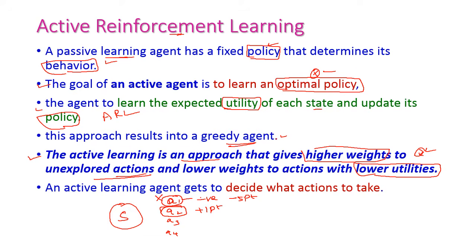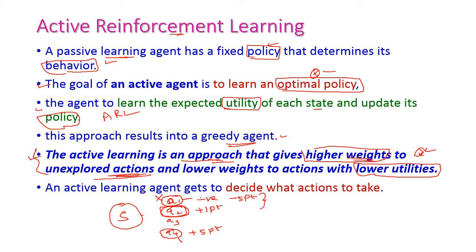Hence, it assumes that the positive 1 point action is suitable for this particular state, but action 4 may be +5 points. That is what active learning is, an approach that gives higher weight to unexplored actions, okay.